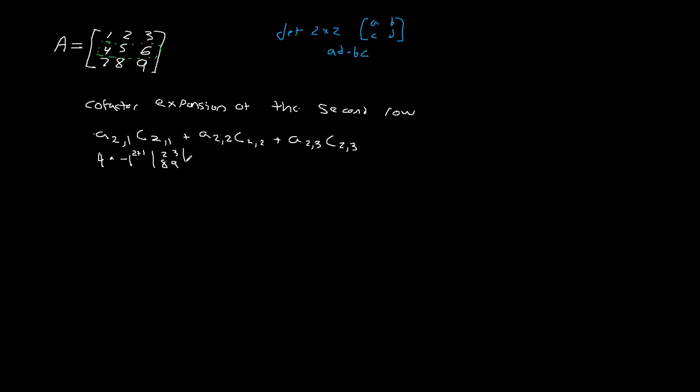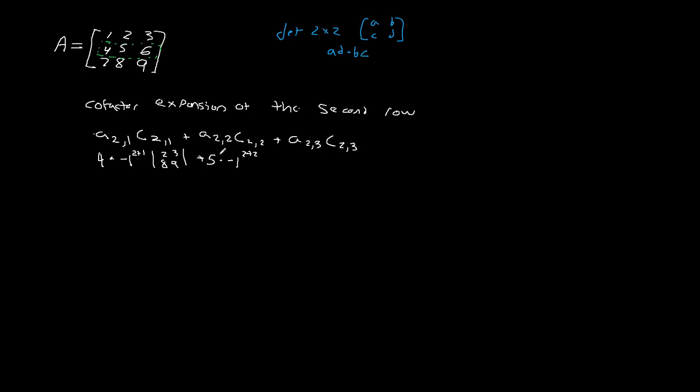And then we're going to add to that the value of the second row, second column. That's going to be 5 times negative 1 raised to the 2 plus 2.